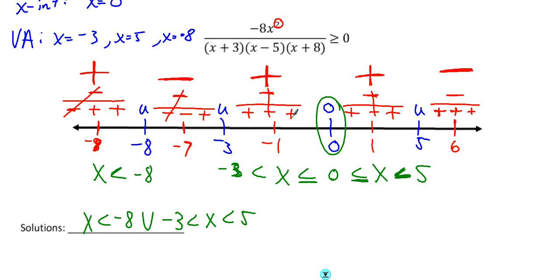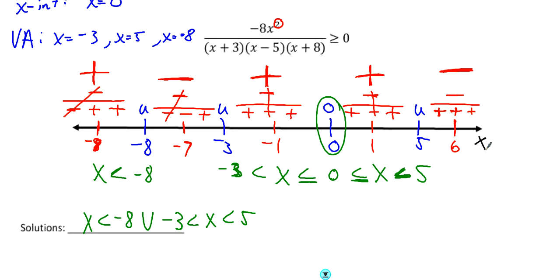Now, these might look familiar. Both of these problems were in the notes when we were graphing rational functions, the second one. We already know these graphs and what they look like. And as a matter of fact, from this sign chart, I also can tell what my graph looks like. Now think of this number line as my x-axis.